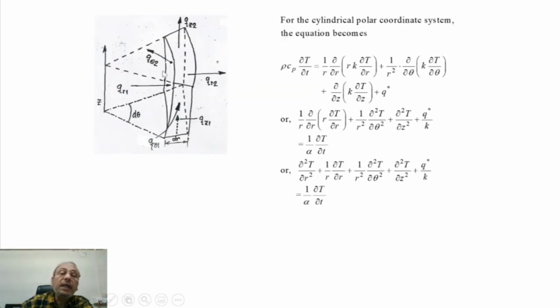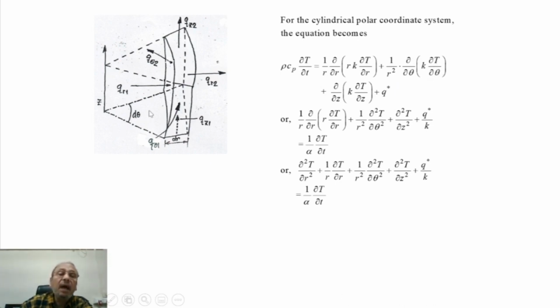Then we can derive it in the cylindrical polar coordinate system, r, theta, z. The final expression is rho Cp del temperature del T equal to 1 by R del R of Rk del T del R plus 1 by R square del theta of K del T del theta.